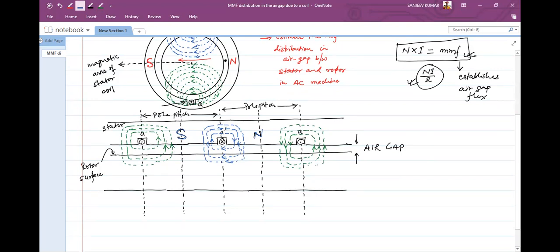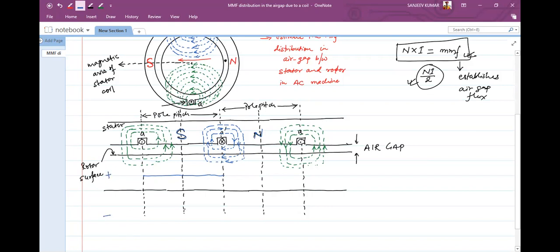Therefore, if we draw the overall MMF, it will be something like this. Since it is upward, we say here the positive value.